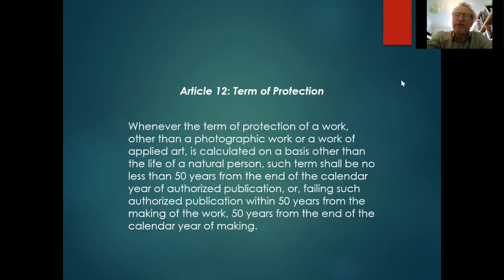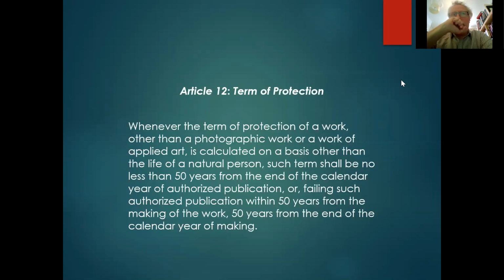The length now tends to be longer than this, but that's under the Berne Convention. But of course, there are nowadays works where there is no author. A sound recording, is there an author? Well, no, there isn't. It is an entrepreneurial work. It is a work that is owned by business.